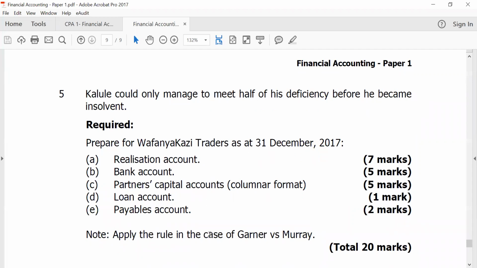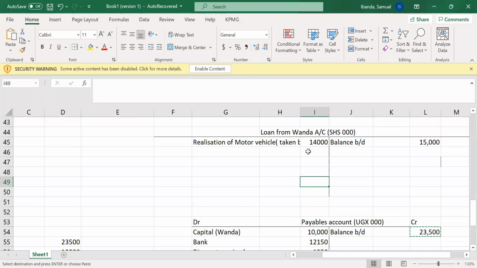By paying off through the bank we shall debit the loan account and credit our bank. So this balance, which is 1,000, will be paid through the bank.